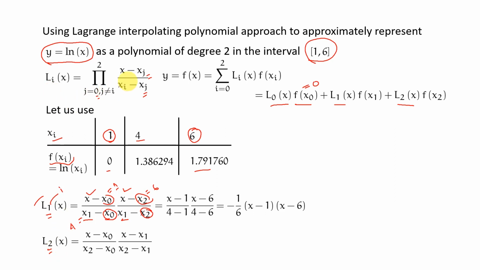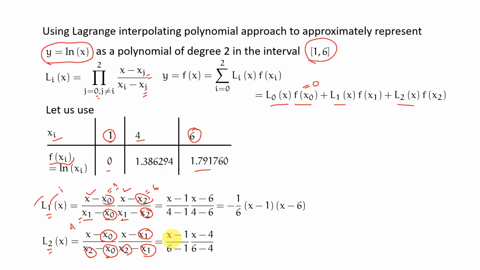Here j cannot be 2, so j can be either 0 or 1. Then I plug in x2 equal to 6, x0 equal to 1, and x1 equal to 4.